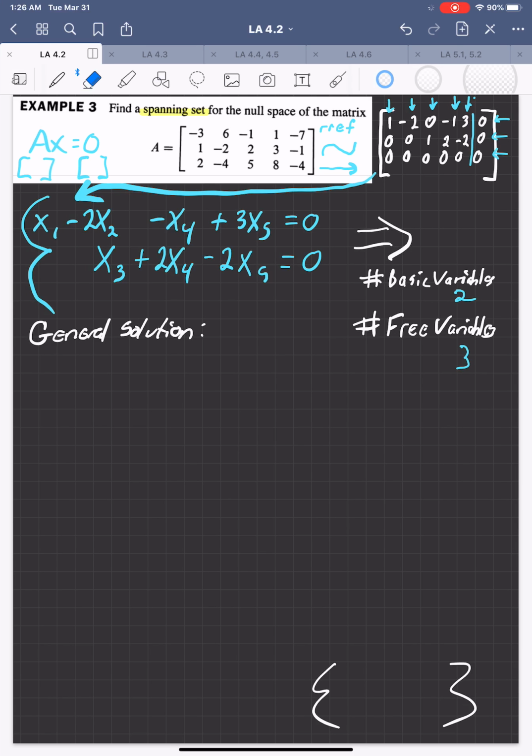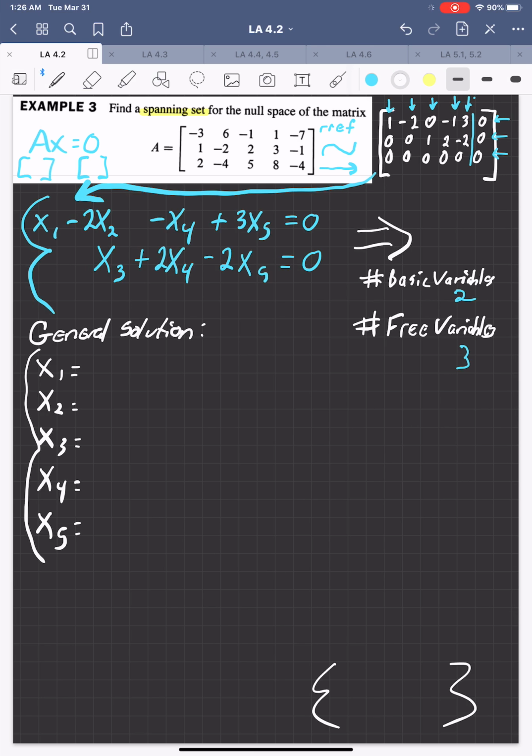So when we set up our general solution, we're just going to solve for each variable, x sub 1, x sub 2, x sub 3, x sub 4, and x sub 5. I have 5 variables. I'm going to solve for each. Now, let's start with solving for x sub 1.